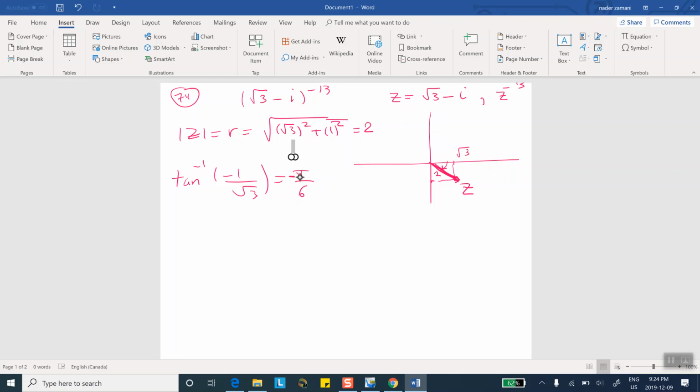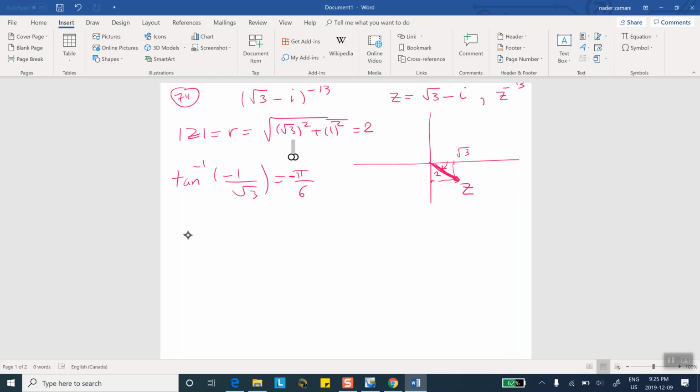I could have ignored the negative sign in this fraction, and then put a minus sign there after using the calculator, because the angle is definitely 30 degrees. We know that. However, because I'm taking the argument in the clockwise direction, it's going to be minus pi over 6.